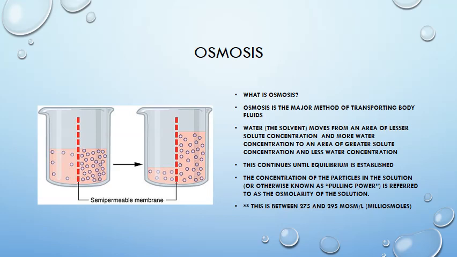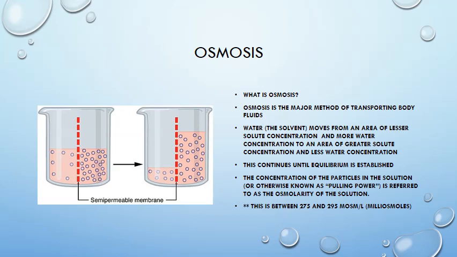The concentration of particles in a solution, otherwise known as the pulling power, is referred to as osmolarity. So that's the terminology. Osmolarity is the pulling power of the solution. Okay, normal osmolarity of our body, homeostasis, is 275 to 295 milliosmoles.